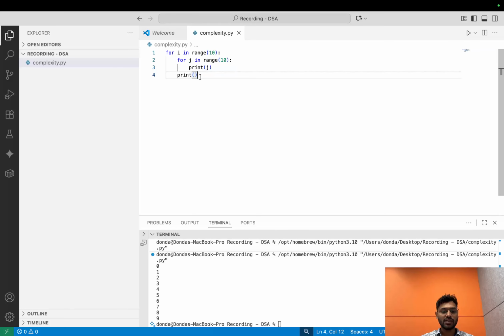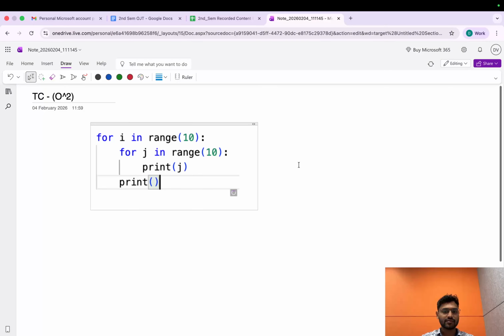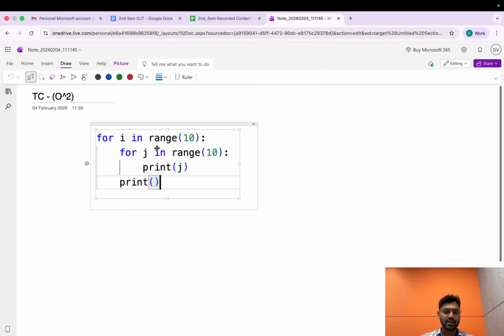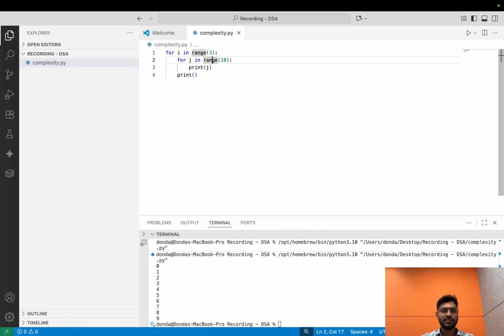Okay, what will it print? Can you tell me what this will print? See, this is my question. What will this print? Or let's make it very simple. Let's make it easy. Let's make it 3.